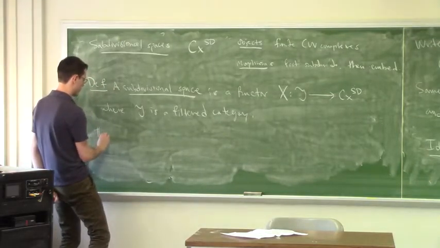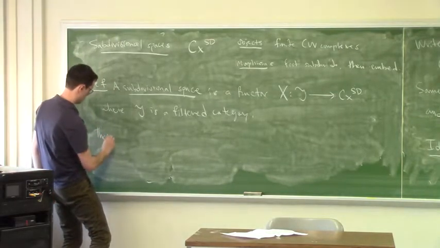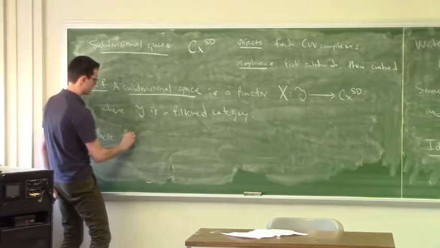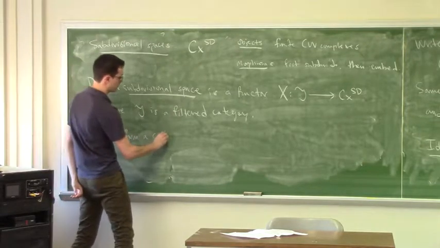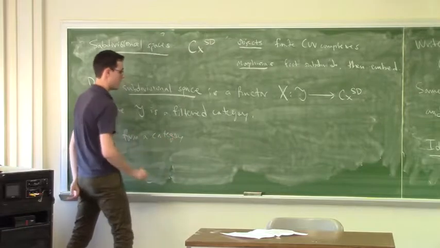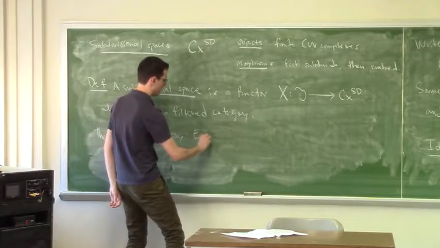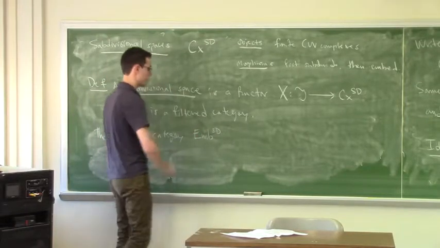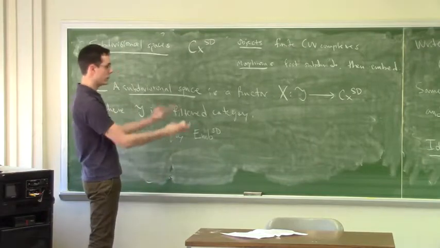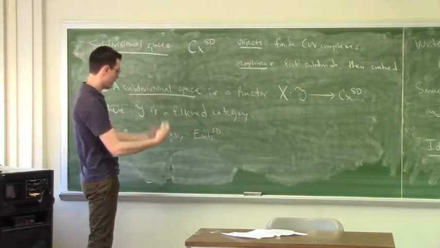So there's a category of subdivisional spaces, which I'll write as D for embedding. All of the morphisms in this category look like embeddings.